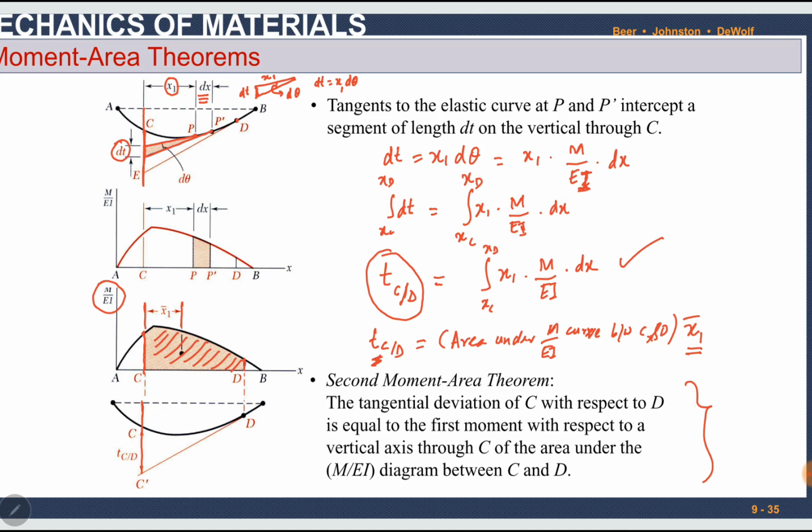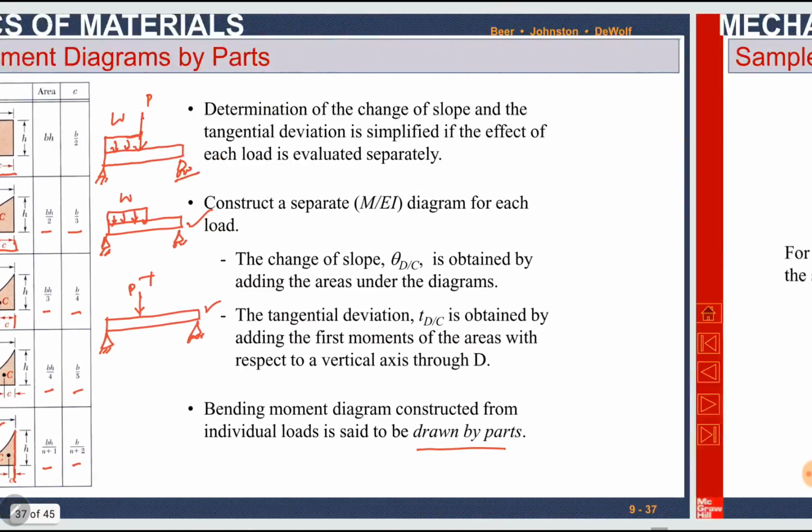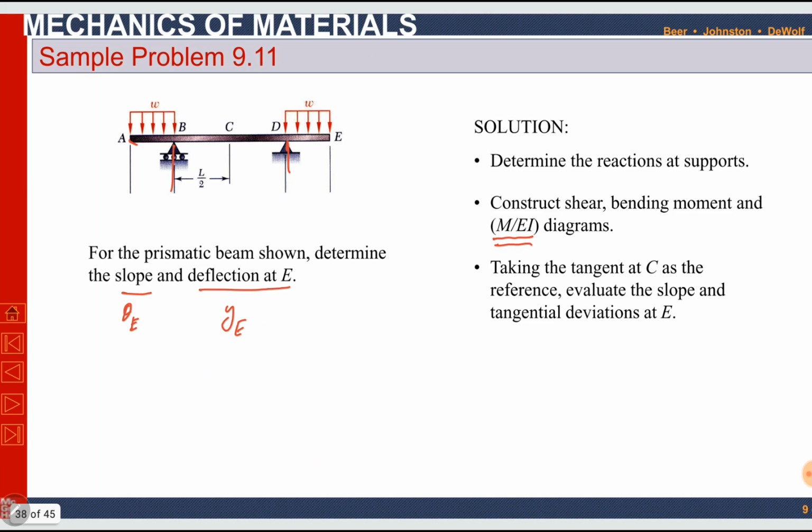Okay, so we have applied these two theorems on our problem, where we had to find theta E and YE. In this problem, C is our reference point because at C slope is 0.